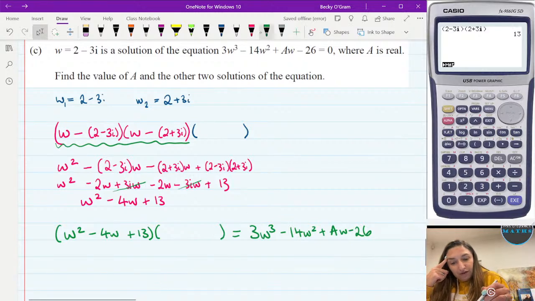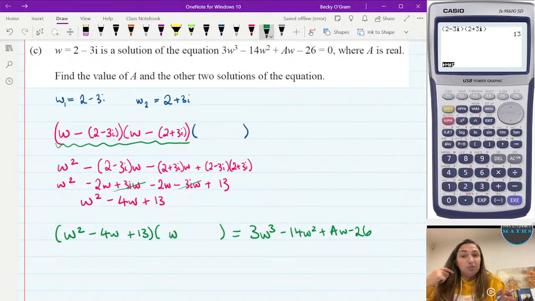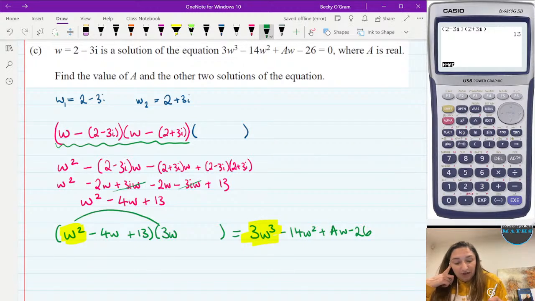Now, the first thing to think about is what would go with the w at the front of that factor bracket. So with the 3w cubed here and a w squared here, what we would need to make 3w cubed is 3w, so that when these two times together, it makes this one here.